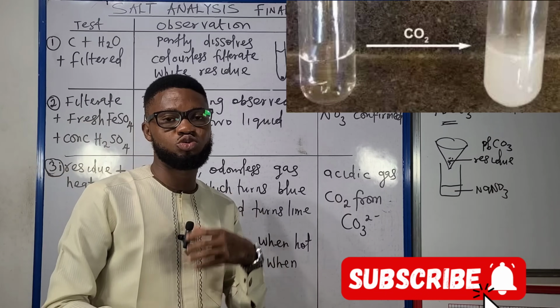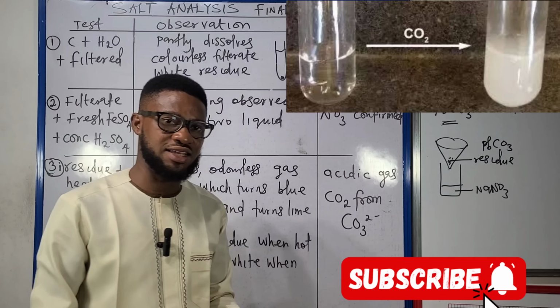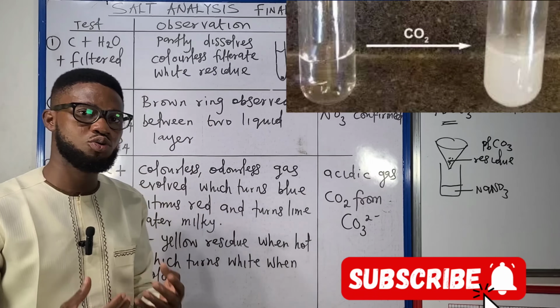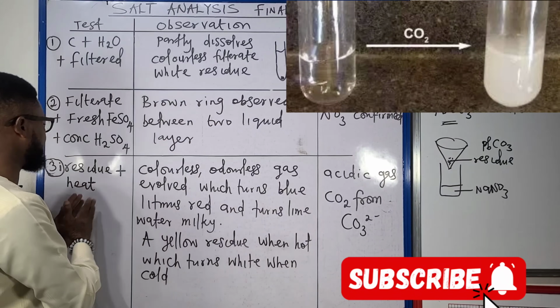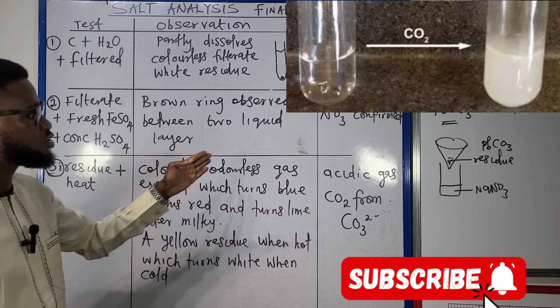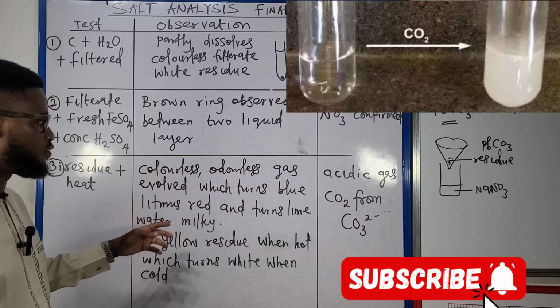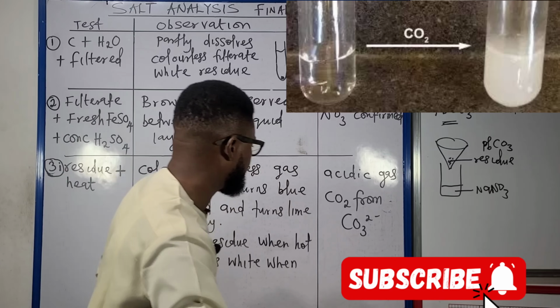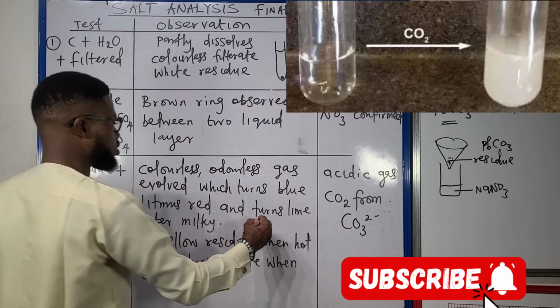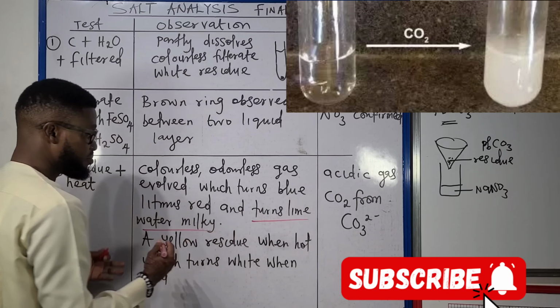Normally, when we are told to heat any substance, usually we are meant to look out for any gas evolved or liberated. So in this case, residue plus heat, colorless, odorless gas is evolved, which turns blue litmus red. And of course, confirmatory test for carbon dioxide, which turns lime water milky.